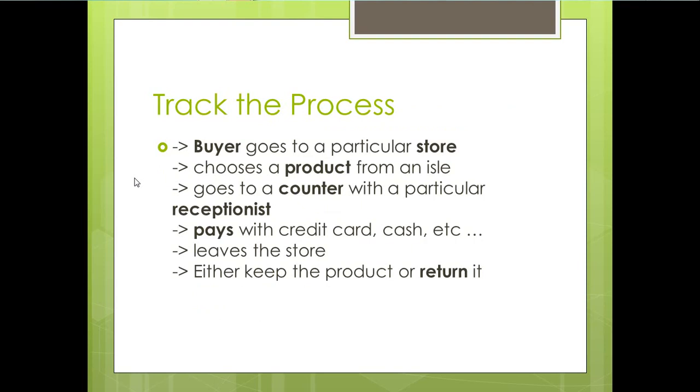He chooses a product from an aisle. Then he goes to a counter with a particular receptionist. He pays with credit card, cash, or whatever. He leaves the store, and he'll either keep that product or return it. That's the process that goes into buying a product. In fact, you could probably even make returns a separate business process. I just threw that in.